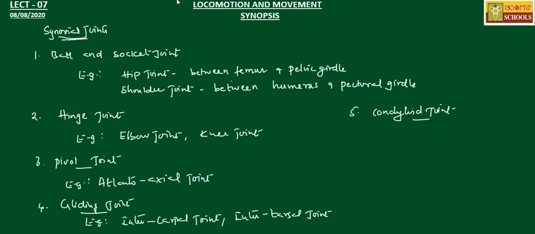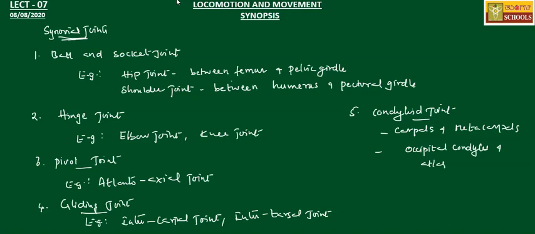This condyloid joint is present between the carpals and metacarpals. The condyloid joint is also present between the occipital condyles and the first vertebra of the vertebral column, that is atlas.